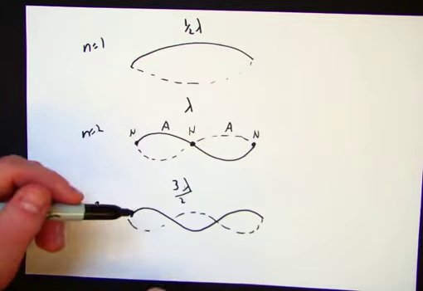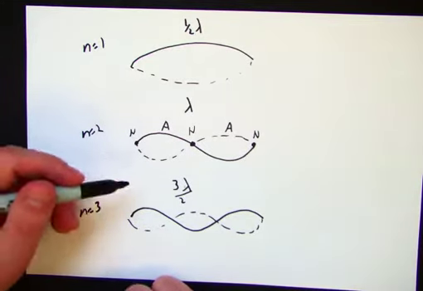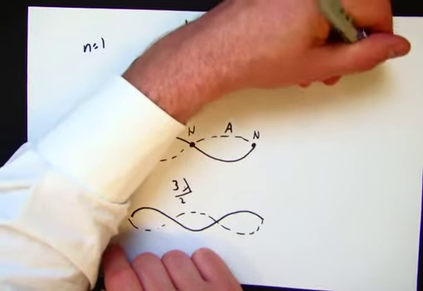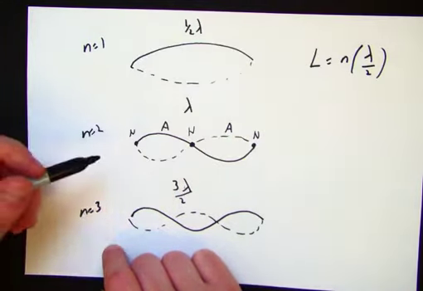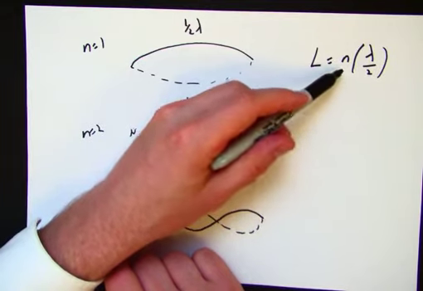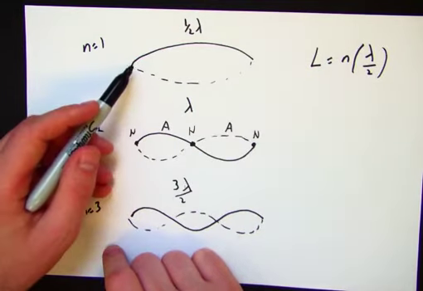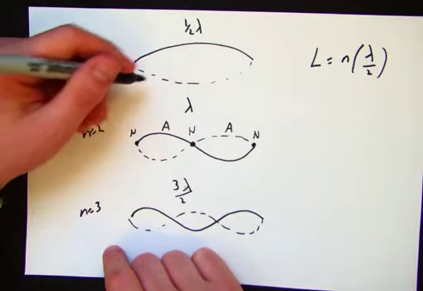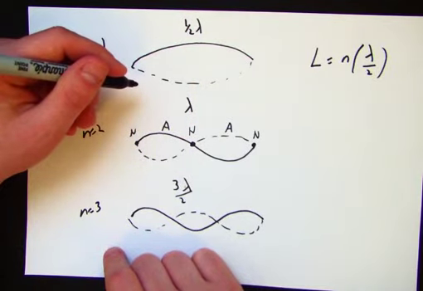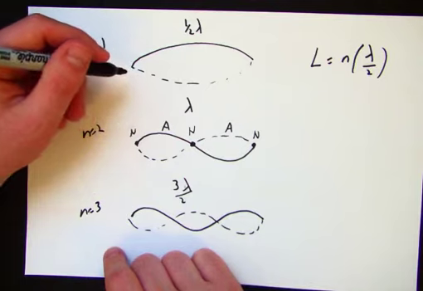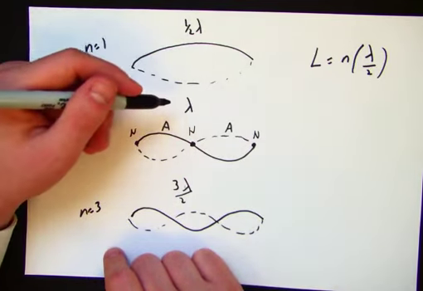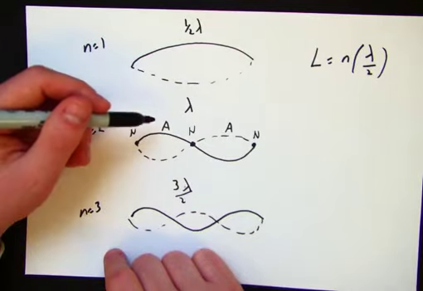There's an equation that I gave you, that basically says that the length of the rope is equal to n lambda divided by 2. What this means is that if n equals 1, L, the length of the string, will equal half lambda, because this represents half a wavelength, or lambda divided by 2.